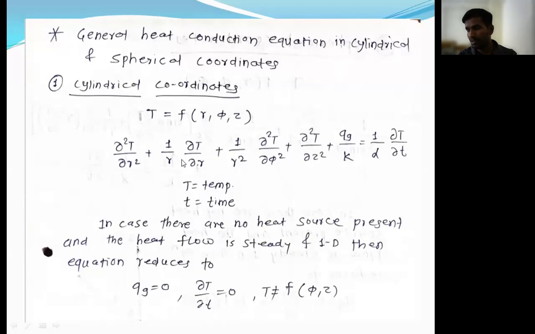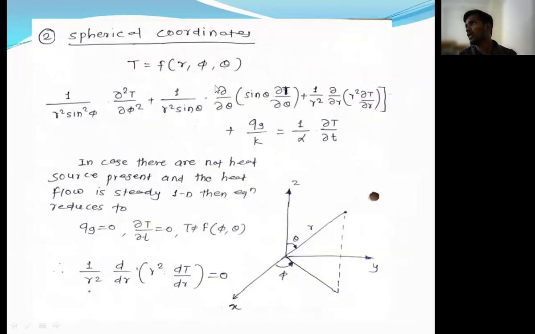Then similarly we have to write down the equation for the spherical coordinate system. For the spherical coordinate system, temperature is a function of what? Temperature is a function of r, phi and theta. r is the radius of that particular sphere, and phi is this angle.